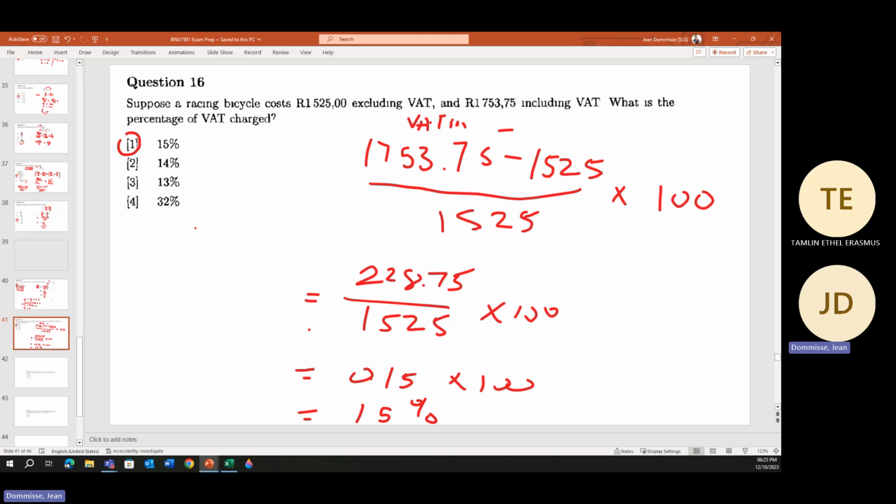You would say my end value, which would be your future value, minus your present value, divided by your present value, will give you a percentage growth. So that's nearly the same method that we are doing with this question as well.